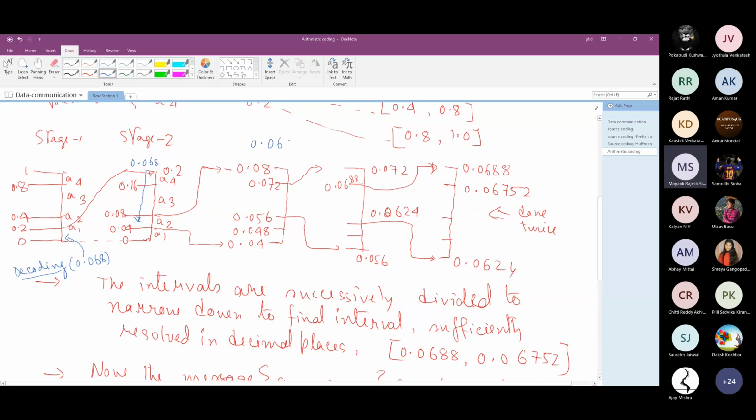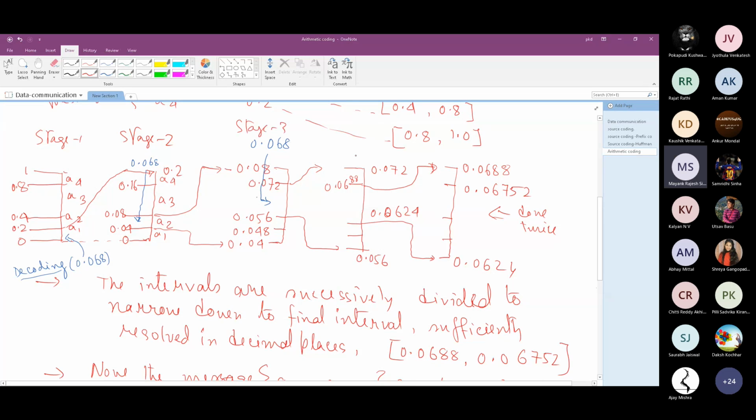So next stage. But the interval is already in terms of the actual message. Yeah, it is in the order of actual message only. But how will we know that the first interval from 0 to 0.2 is A? That way we have done stage 1, stage 2, stage 3, stage 4, according to the message.